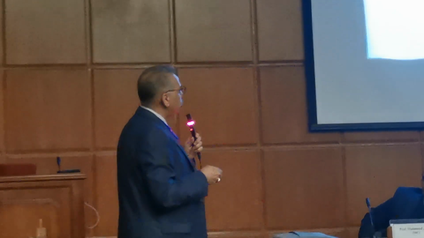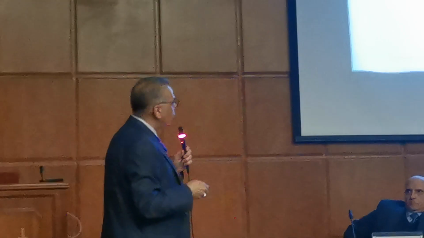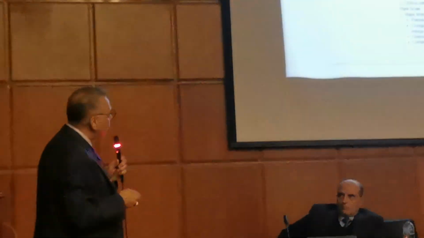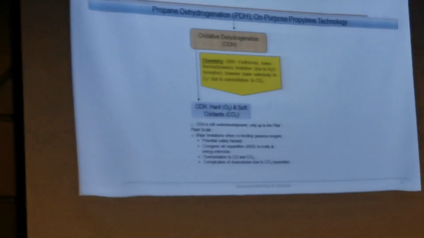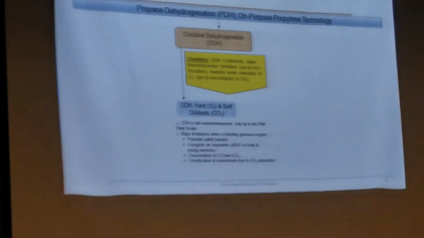So oxidative dehydrogenation means you add to the stream oxygen, carbon oxides or nitrogen oxides in order to remove the hydrogen from the propane. In this process the thermodynamic limitations decrease due to the production of water, and instead of endothermic, it's exothermic, which is also fine.